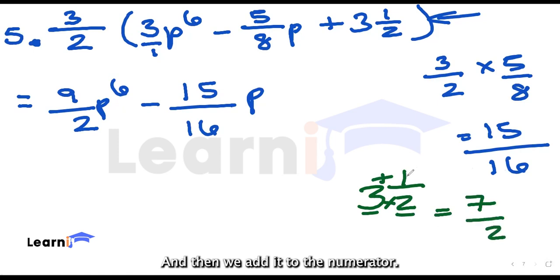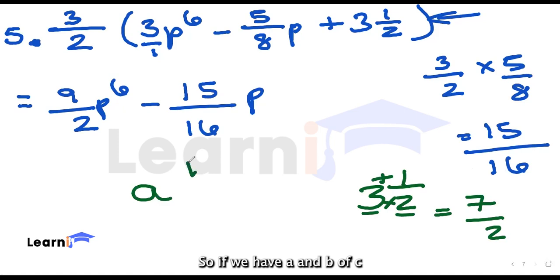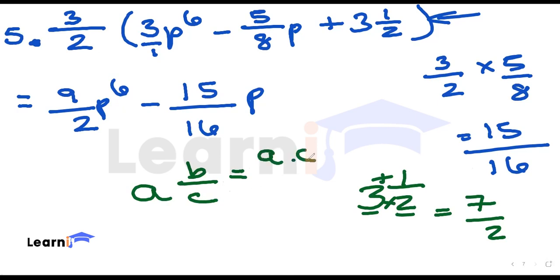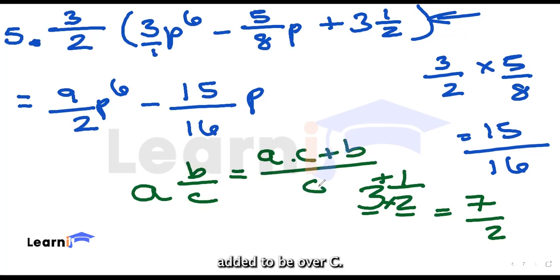And then we add it to the numerator. So if we have A and B over C, to get into our improper fraction, it's A times C plus B, over C. Okay, let's just do another quick example.